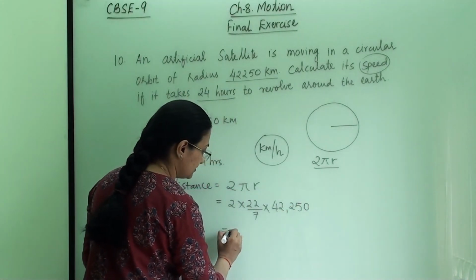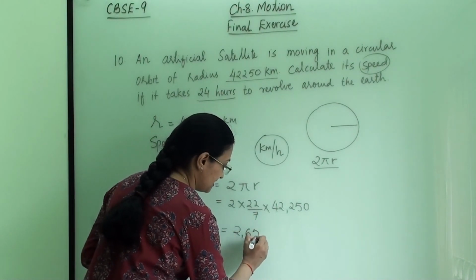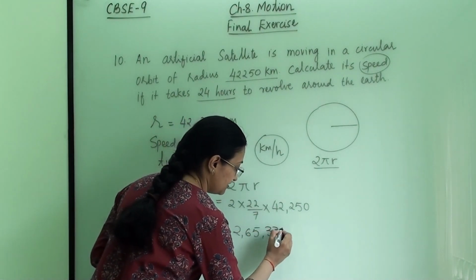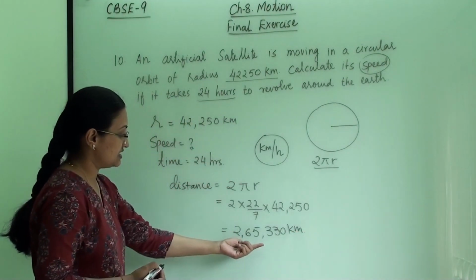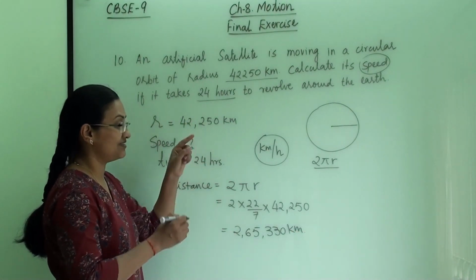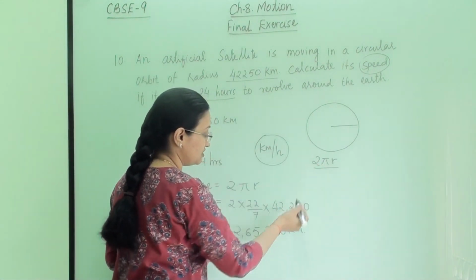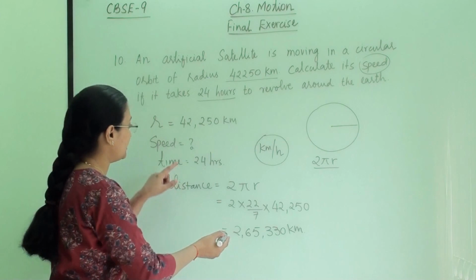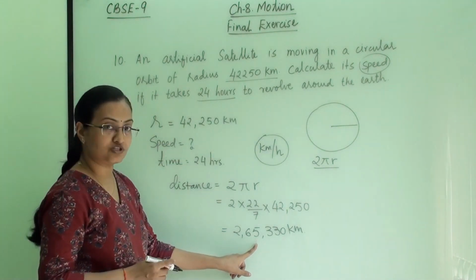When we solve this, we get 2,65,330 kilometer. This will be the distance when the satellite is moving around this circular orbit. In 24 hours it is covering this much distance.